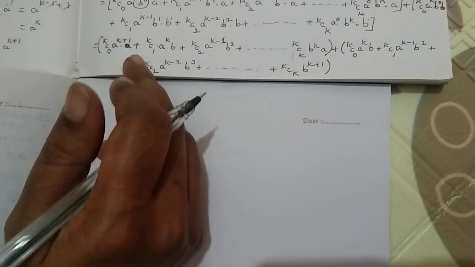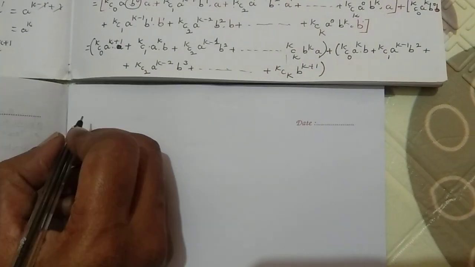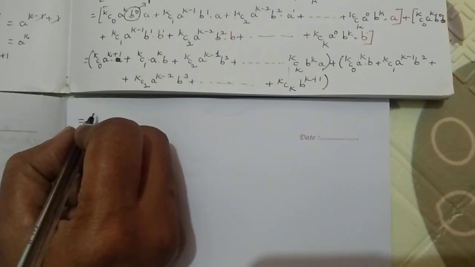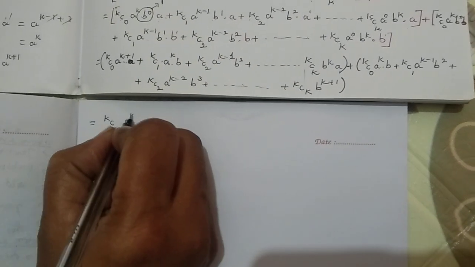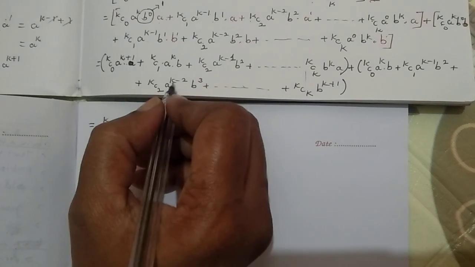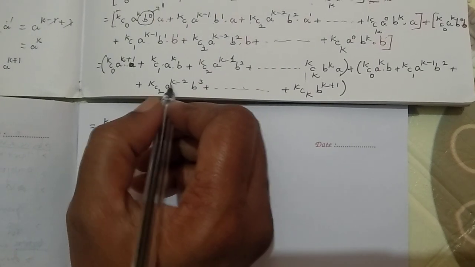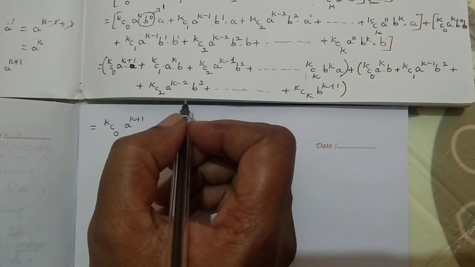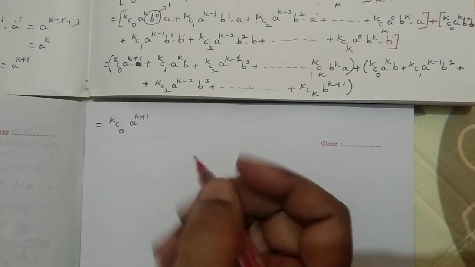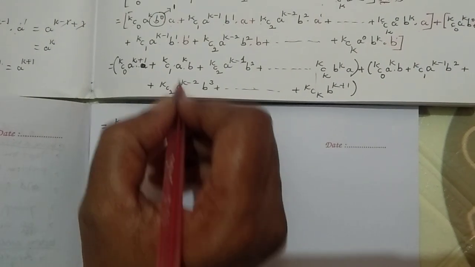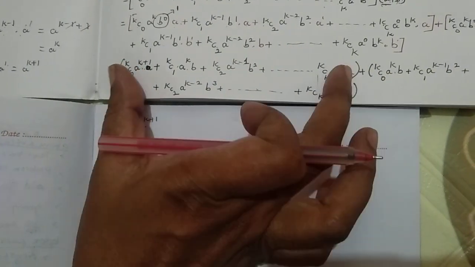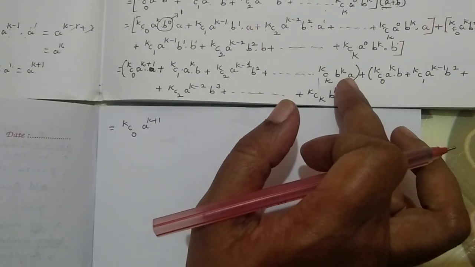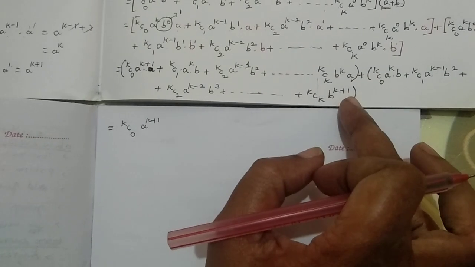Next, the continuation of this one: kc naught a to the power of k plus 1. Here we have to do the groupings, which means taking the common terms. Which common terms do we need to identify first? In the first product there is one bracket, and the second is another bracket.